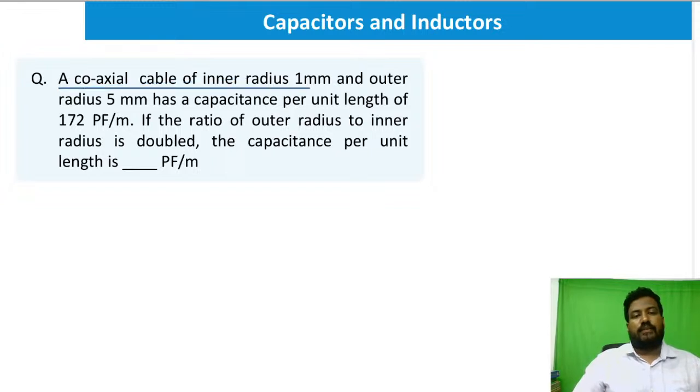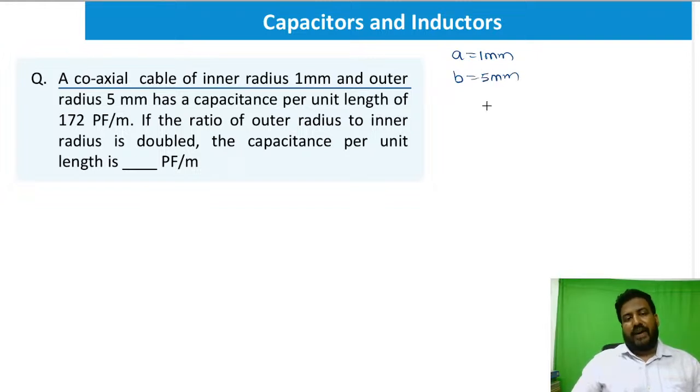Try to solve this. A coaxial cable of inner radius A equal to 1 mm and outer radius B equal to 5 mm has capacitance per unit length 172 picofarad per meter, let it be C1.